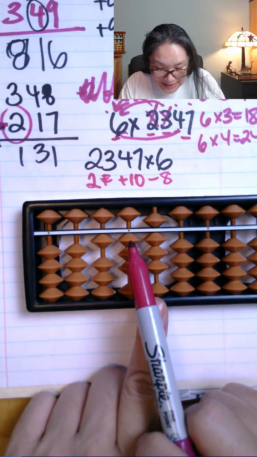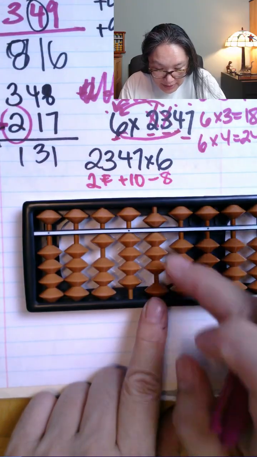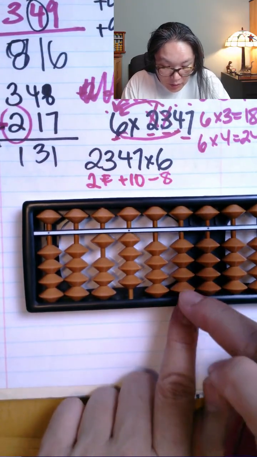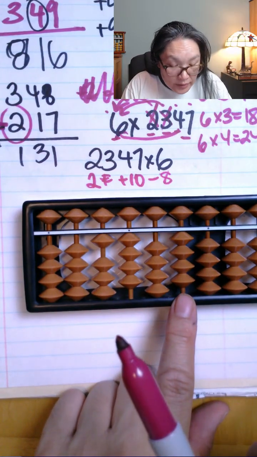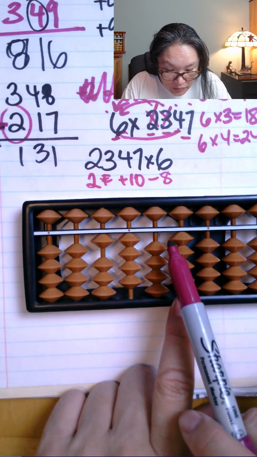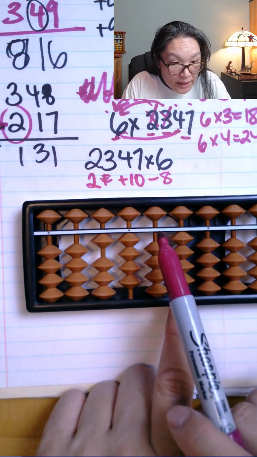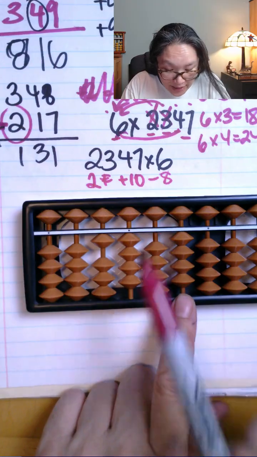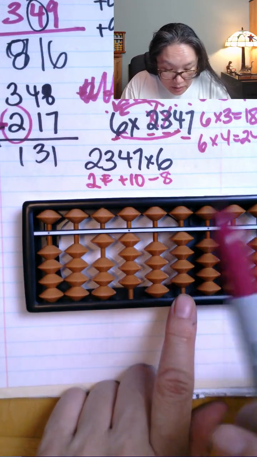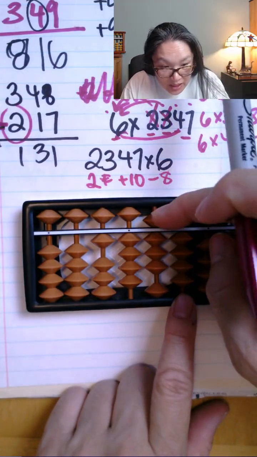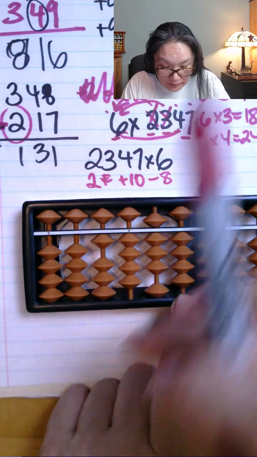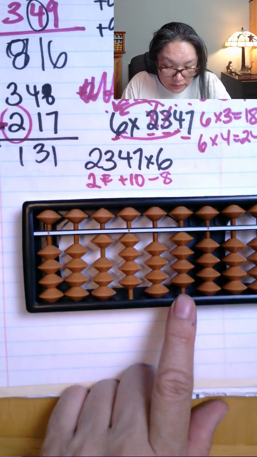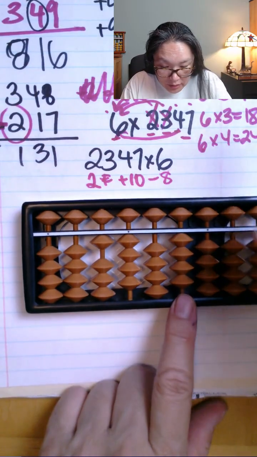I want to plus the 10, so I add the 10 minus the 8. Add the 4. Not minus the 3, because we cannot add the 5 anymore. If the 5 is down, we cannot add the 5 again. We added the 4. Okay, we're done with this.